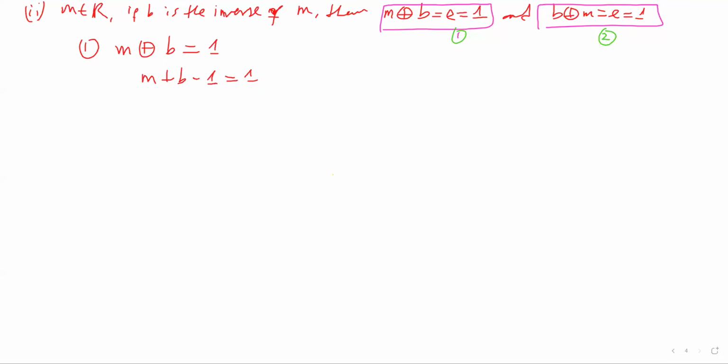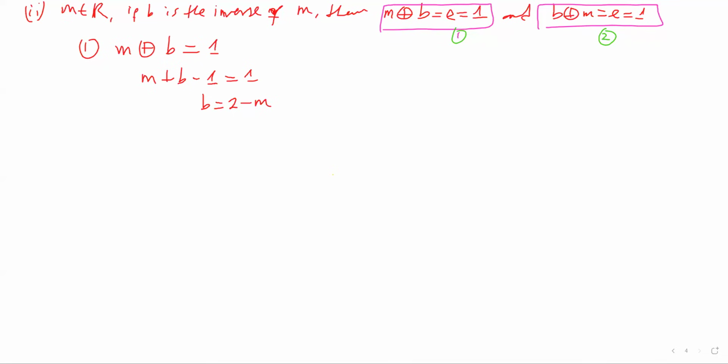And then in this case, because we are looking for the inverse B, we take everything to the other side, and we have B is equal to 2 minus M.